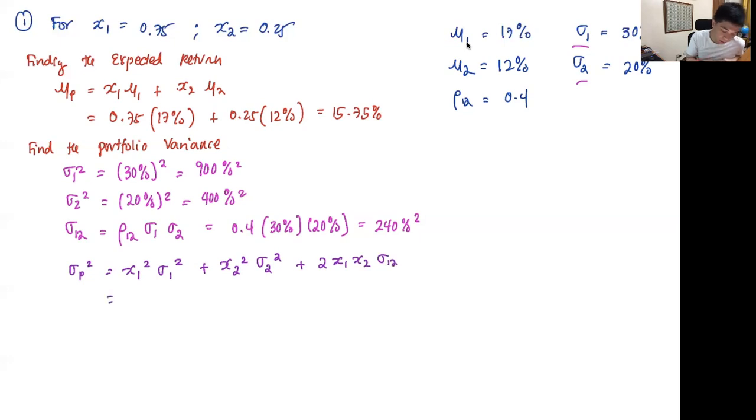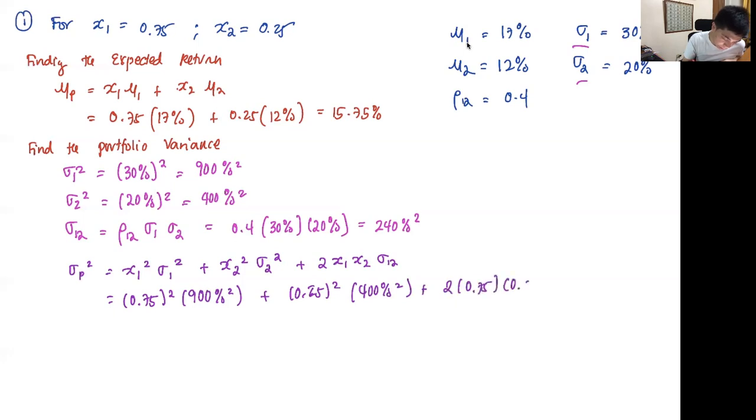Just plugging into our formula, x1 is 0.75, so 0.75 squared times 900% squared, plus 0.25 squared times 400% squared, plus 2 times 0.75 times 0.25 times the covariance, which is 240% squared.